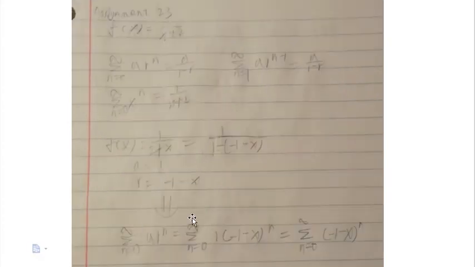Plugging this part into this part, we can find out a equals to 1 and r equals to minus 1 minus x. And after this, we just simply plug everything into the form of this part. Then we got the answers in this form. Or this is a solution for the first question.